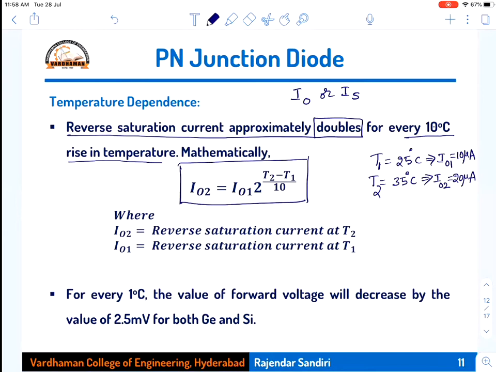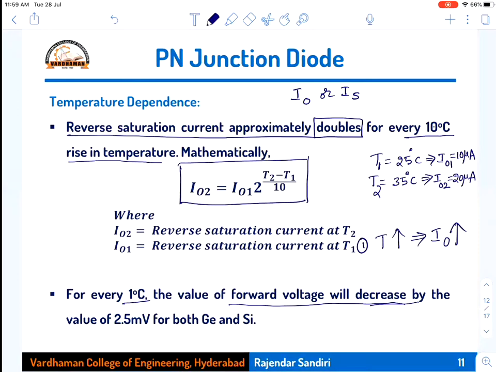Similarly, it depends upon the forward voltage also. For every 1 degree centigrade of the temperature, the forward voltage also changes, that is, it decreases. So if temperature increases, reverse saturation current increases. For every 10 degrees centigrade rise in temperature, it doubles. I0 is increasing. This is a very, very important point.